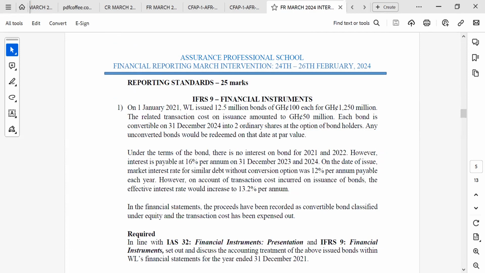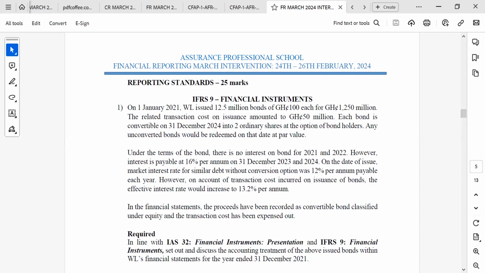On 1 January 2021, WL issued 12.5 million bonds of 100 cedis each for 1,250 million cedis. The related transaction cost on issuance amounted to 50 million cedis. Each bond is convertible on 31 December 2024 into 2 ordinary shares at the option of bondholders.